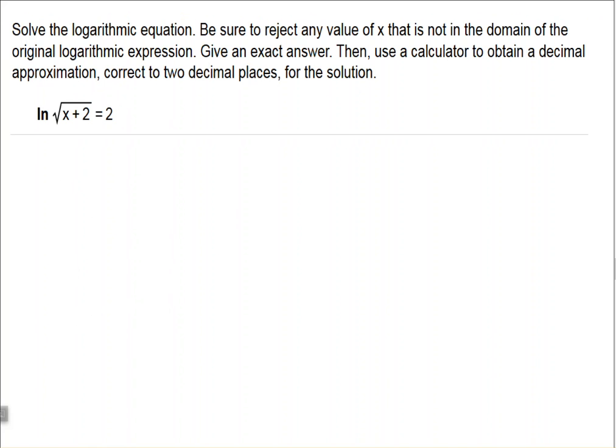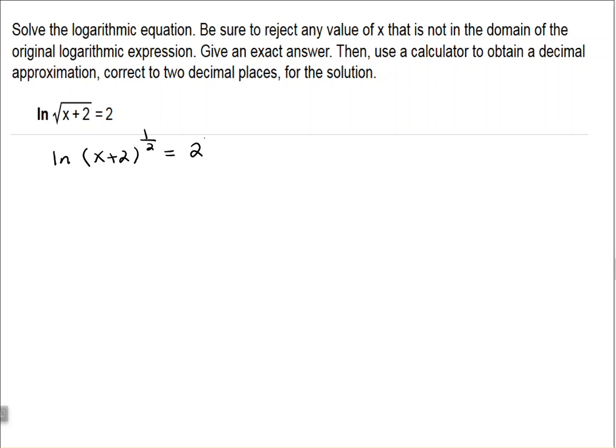When I'm dealing with these, I like to change those radicals to exponential notation. Since it's the square root, that would raise that to the 1/2 power. Now I have natural log of (x plus 2) raised to the 1/2 power equals 2.